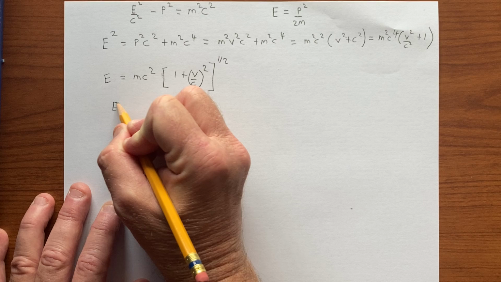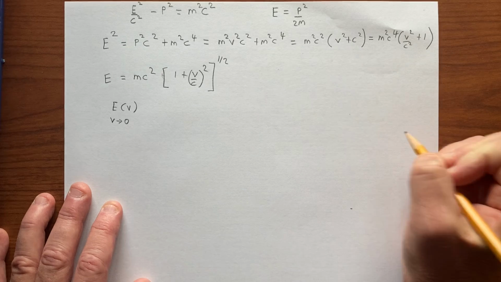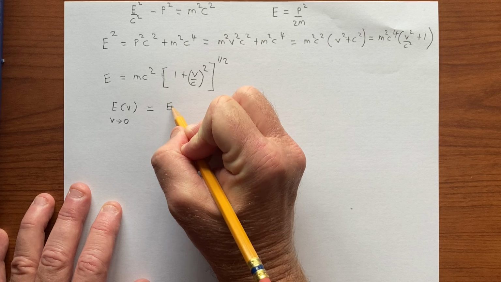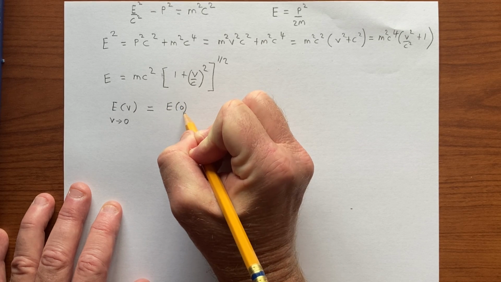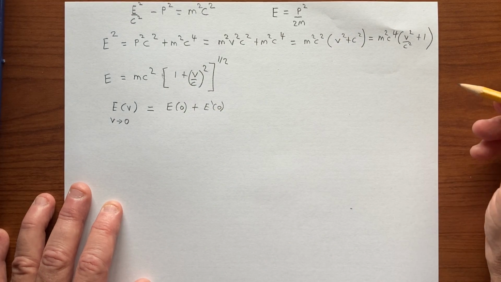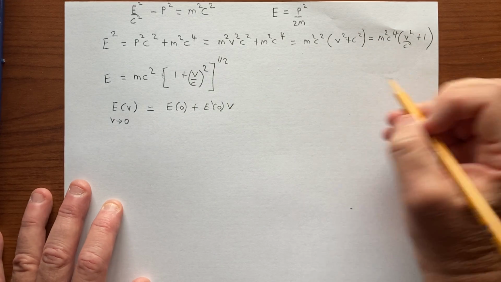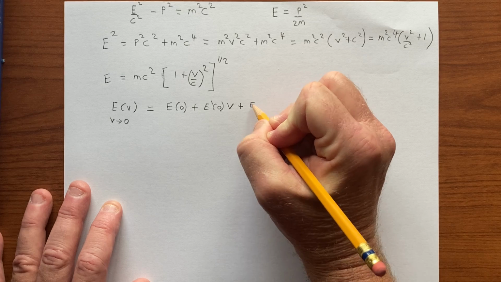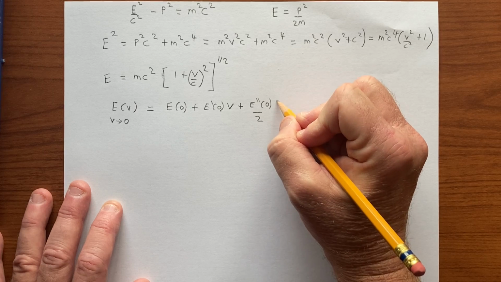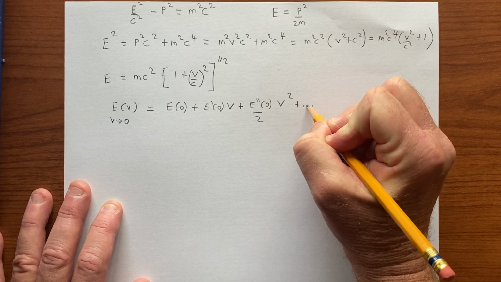So this is a function of v as v goes to 0, and that will give us energy at v equals 0 plus the derivative of this in v evaluated at v equals 0 times v minus 0, so it's v, plus the second derivative evaluated at v equals 0 divided by 2 times v minus 0 squared plus ... which we can ignore.